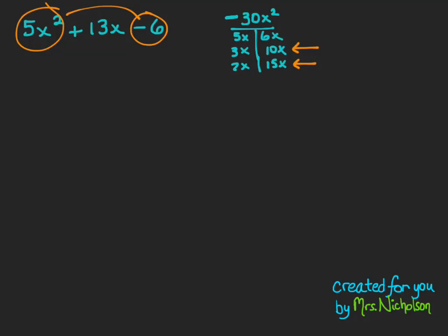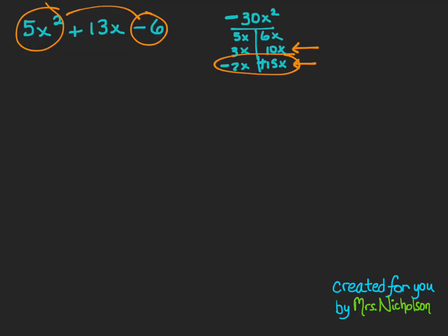And that means that I need to be subtracting to get my middle term, which means I'm going to use the 2x and the 15x, because I need to have one number that's positive and one number that's negative. Now I want to get positive 13 in the middle, so I'm going to make my 15x positive, and I'm going to make the 2x negative. And those are going to be my choice.